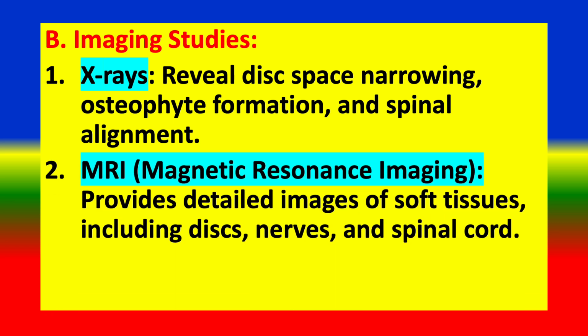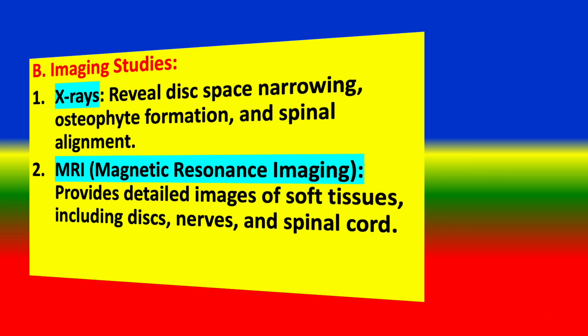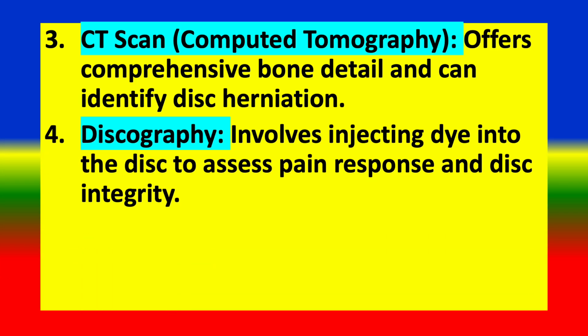MRI, magnetic resonance imaging, provides detailed images of soft tissues including discs, nerves and spinal cord. 3. CT scan, computerized tomography, offers comprehensive bone detail and can identify disc herniation. 4. Discography involves injecting dye into the disc to assess pain response and disc integrity.